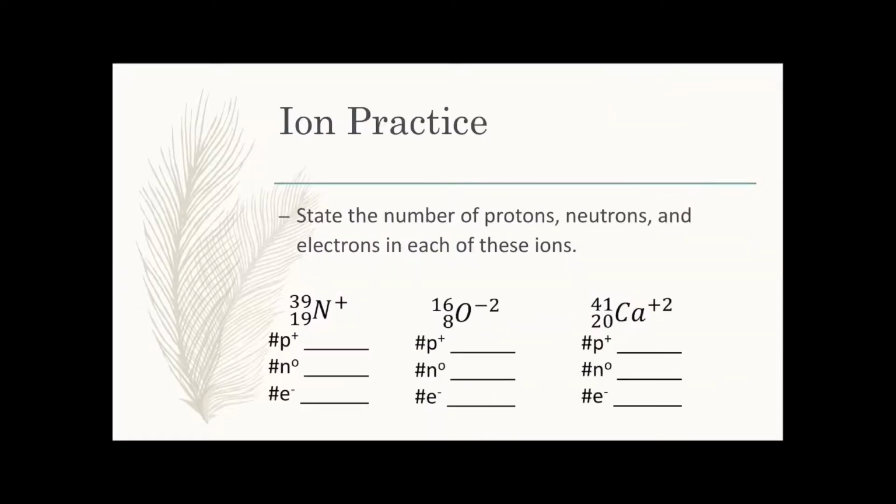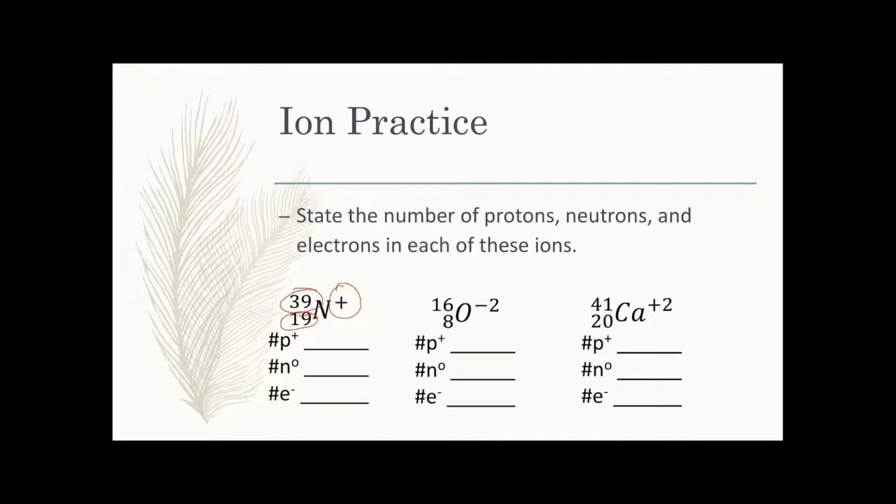All right. So now let's do some practice. Okay, so we need to figure out the number of protons, neutrons, and electrons for each of these ions. Well, don't forget, the bottom number here is the atomic number, the top number is the mass number. This tells me the charge of the atom. So we're dealing with potassium here first.